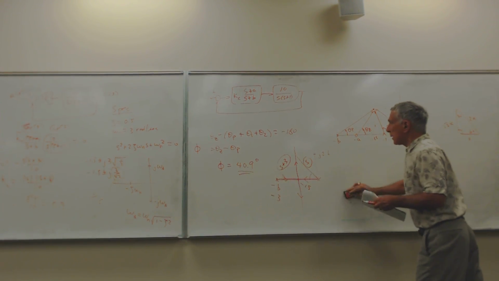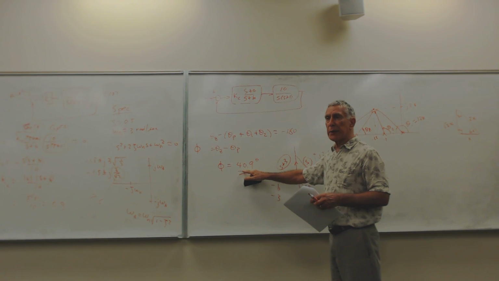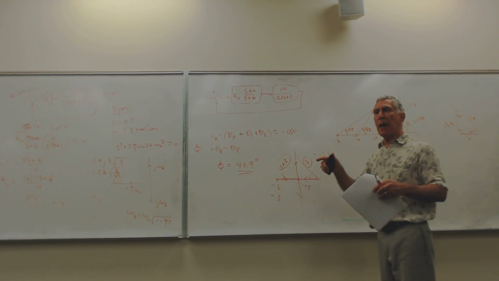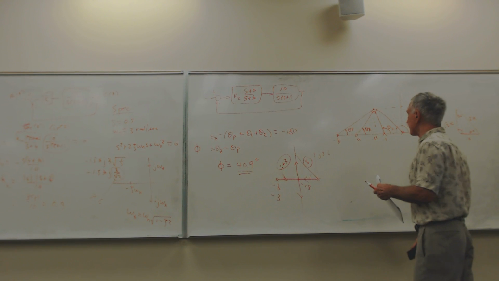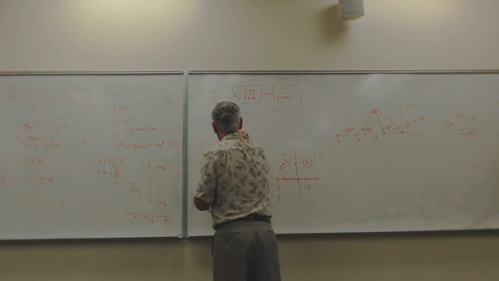In other words, we still need the lead compensator to contribute 40.9 degrees of positive phase in order to get the root locus to pass right through that desired point there.